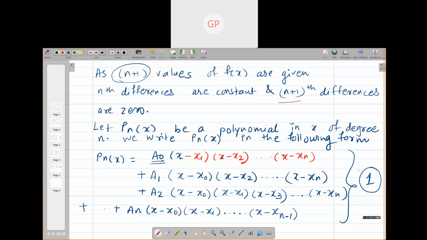I am just trying to generate a polynomial of degree n. So in every term, I have collected n brackets which contain x. So ultimately, that is going to produce x raised to n terms in every term. Okay?